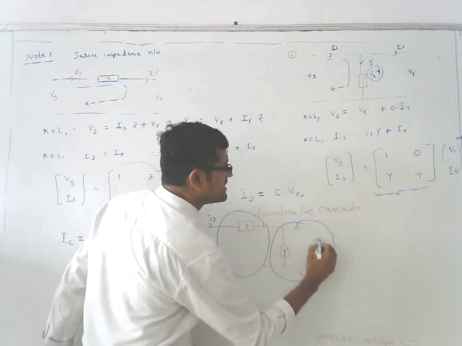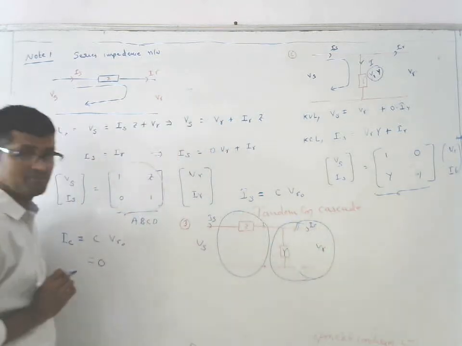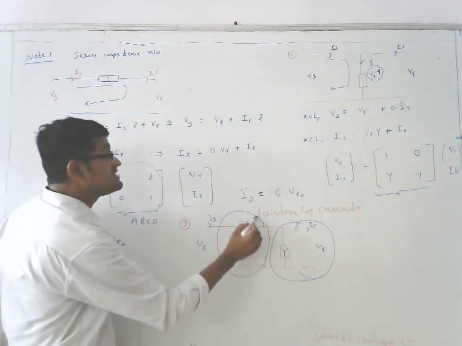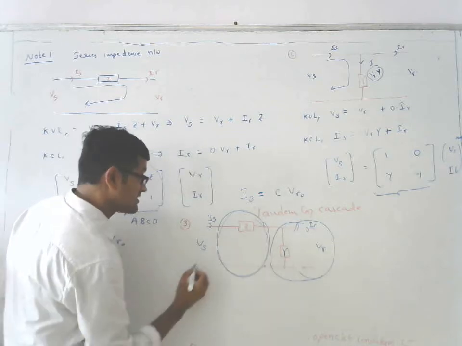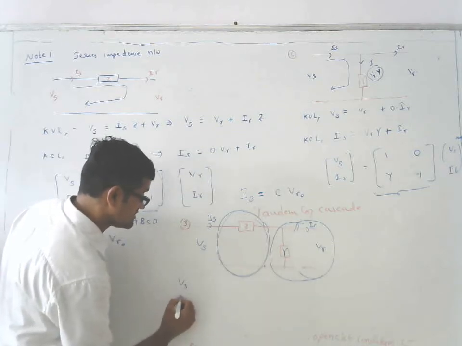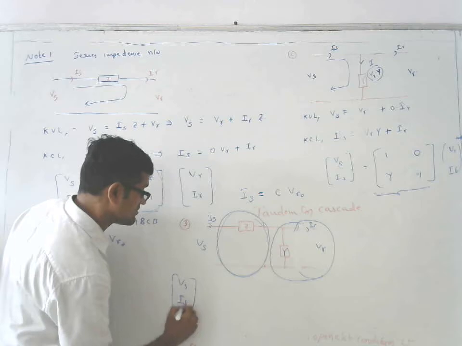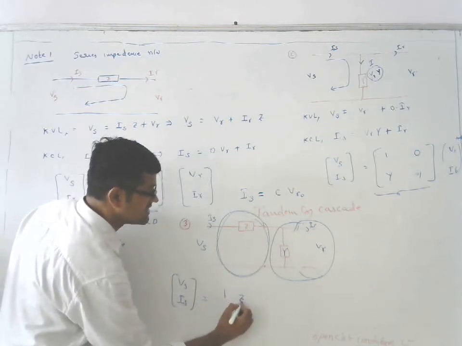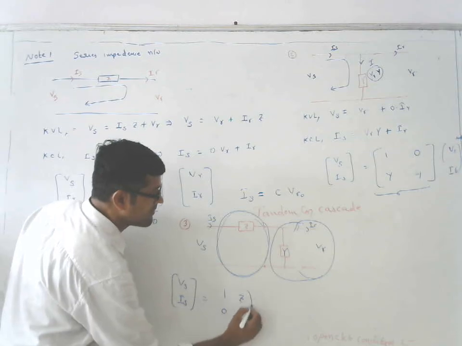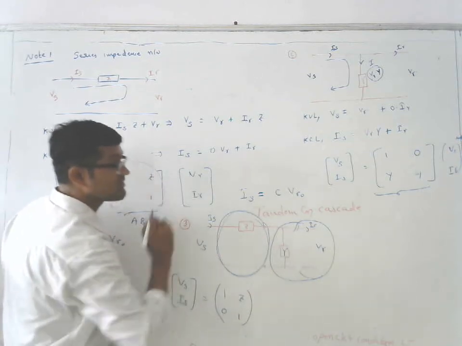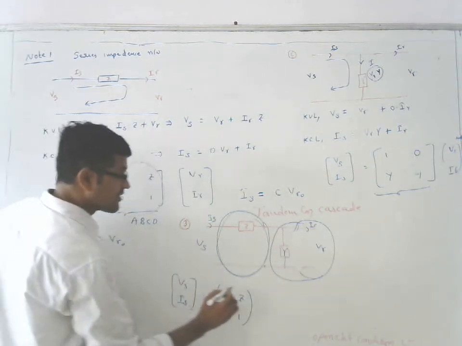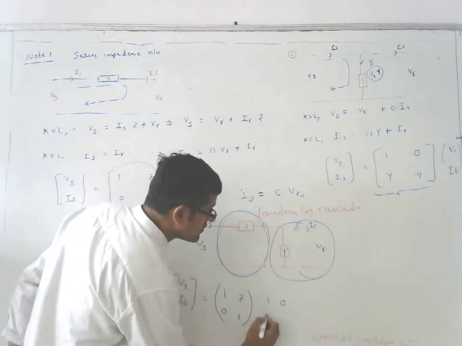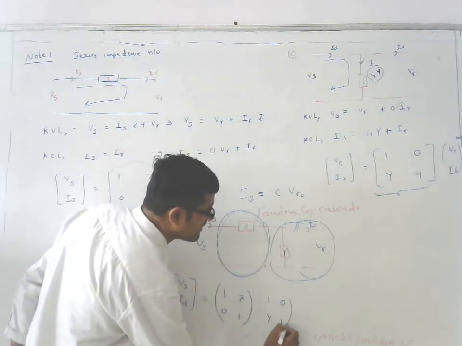What are the ABCD parameters for the series impedance network? 1, Z, 0, 1. And for this shunt network: 1, 0, Y, 1, into VR, IR.